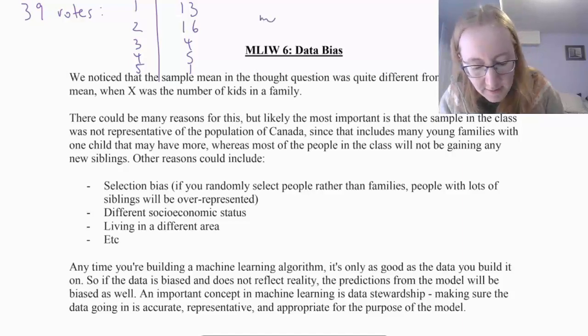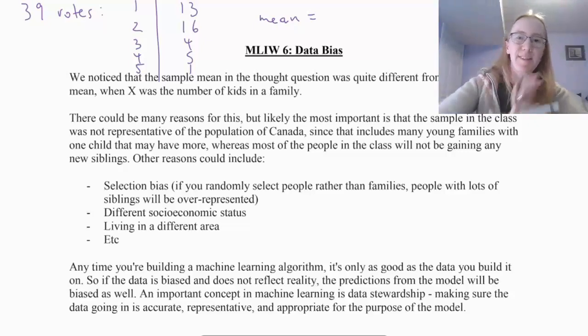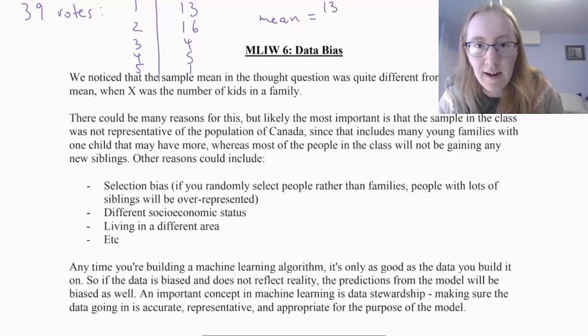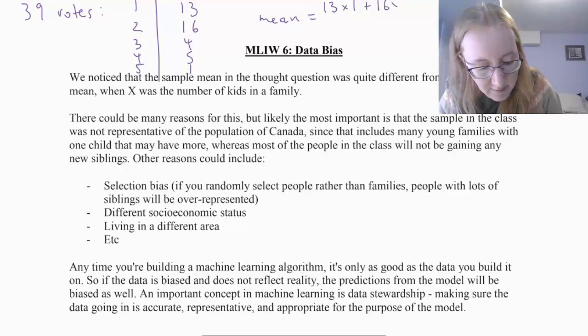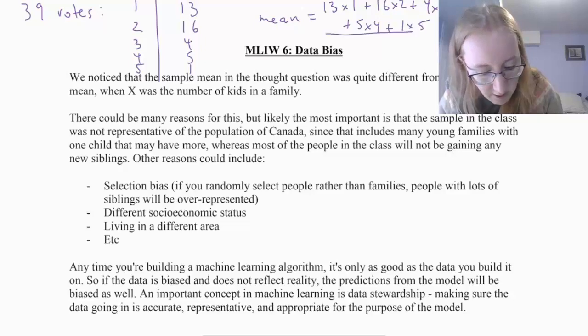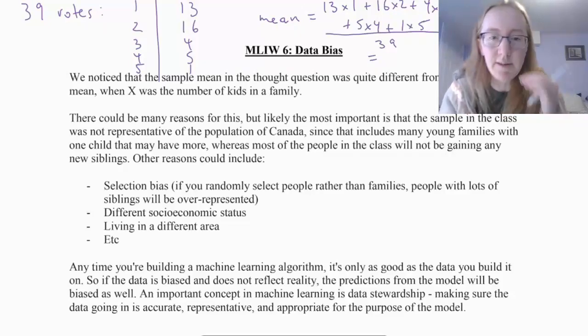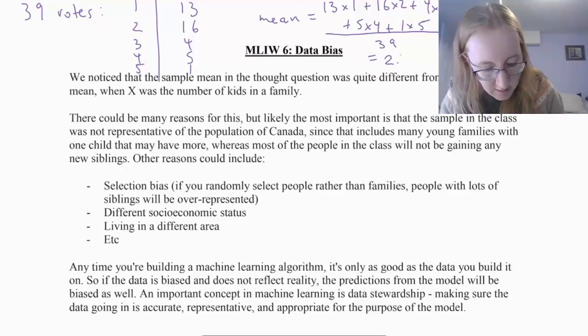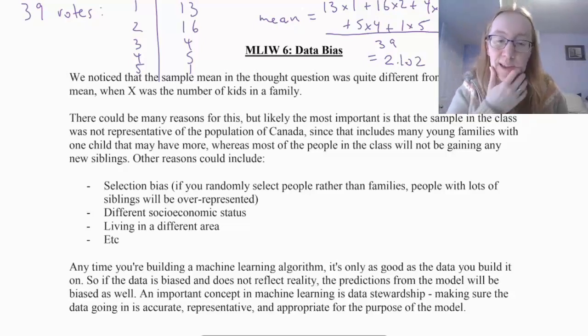So the mean we know is going to be, well, the total number of kids represented by all of these families, which is 13 times 1 plus 16 times 2 plus 4 times 3 plus 5 times 4 plus 1 times 5, all divided by 39, which is equal to 2.102 kids on average.